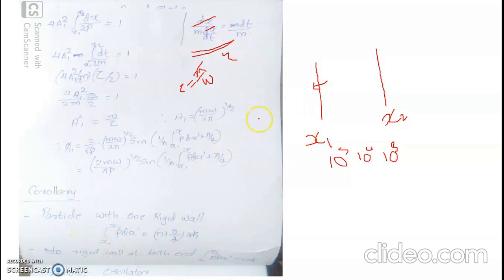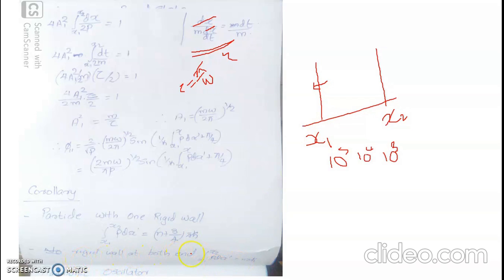Suppose the boundaries are not translucent, these are rigid. Both these boundaries are rigid, as in the case of, say, the classical problem that we have studied, that is the case of a particle in a box problem. The Bohr-Sommerfeld quantization rule is a little different.